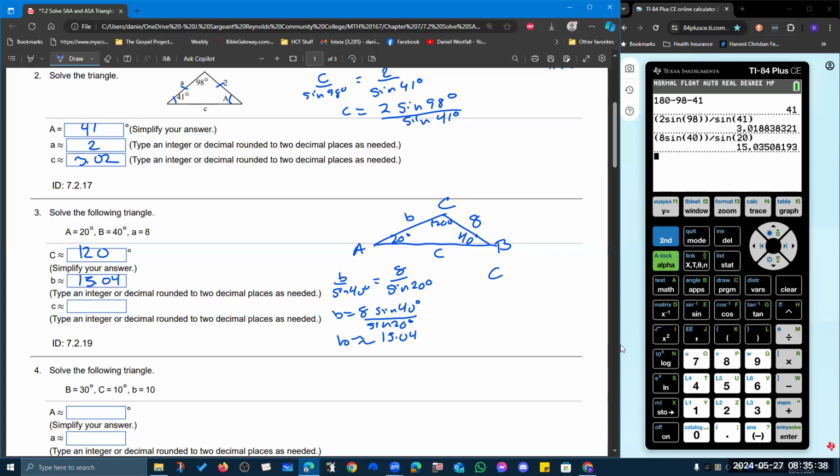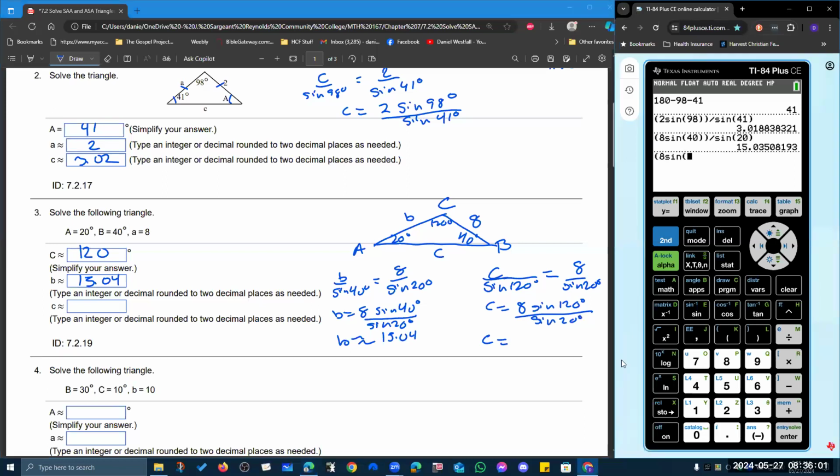And then C is to sine of 120 degrees as 8 is to sine of 20 degrees. C equals 8 sine of 120 over sine of 20. That's 20.26.